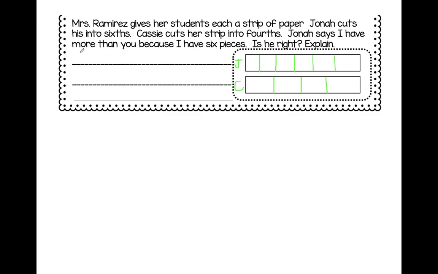No, he does not have more than Casey. They have the same. So he is incorrect. He is not correct because Jonah has 6/6 and Casey has 4/4, and they both equal one whole.